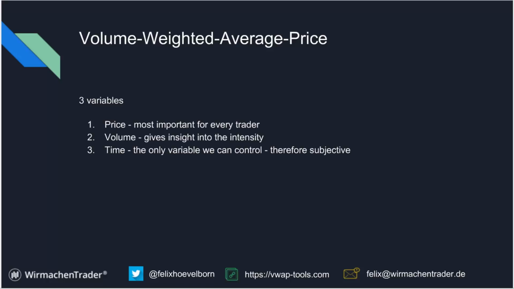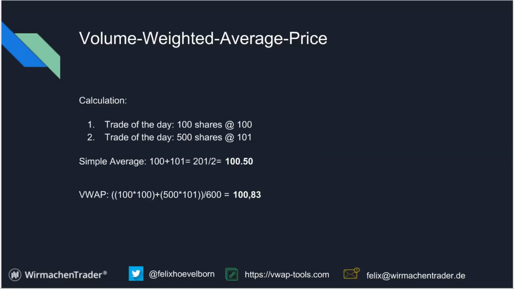So let's go further. I've talked about the volume weighted average price, and let's compare it to an ordinary moving average. What is the difference? I have outlined one example with two trades. The first trade of the day takes place at the price $100.